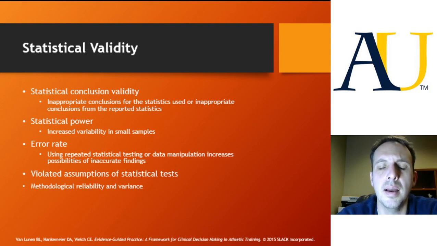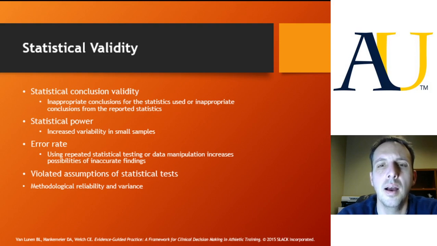At the same point in time, there are often times where researchers will run repeated statistics, specifically like repeated t-tests, as opposed to running more sophisticated tests. The purpose for running the more sophisticated tests is to test all of that data at one time.